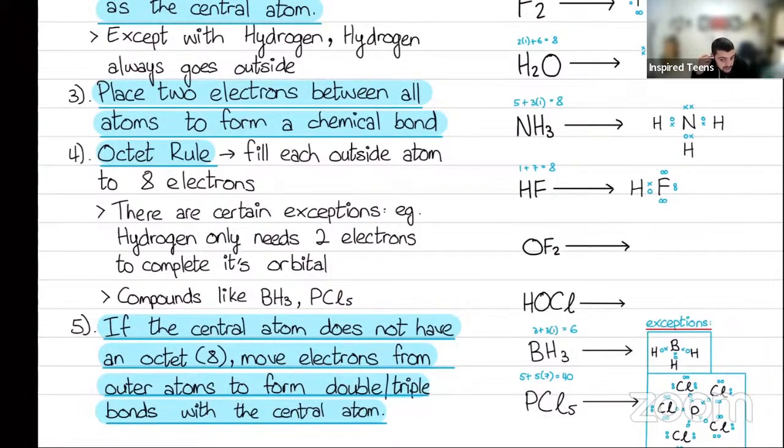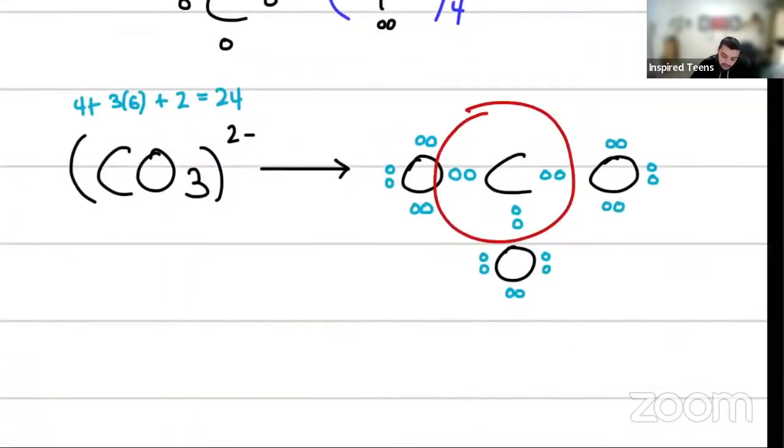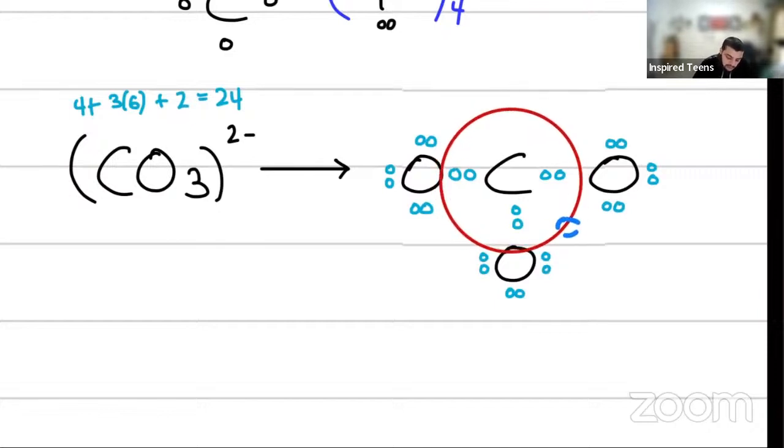Then number 5, if the central atom does not have an octet, move electrons from outer atoms. Okay, so now we have to follow number 5. We have to check, does our central atom have 8 electrons? And of course, we expected it not to, just because these oxygens got electrons that they didn't even have. Okay, so we have to move these bonds around in a way that the central atom has 8 electrons.